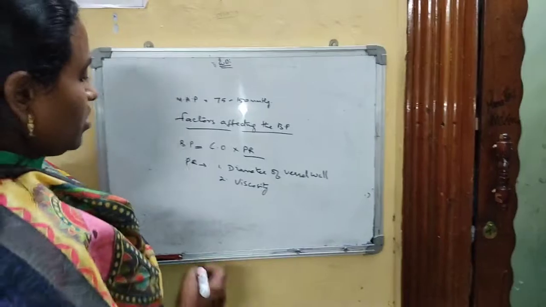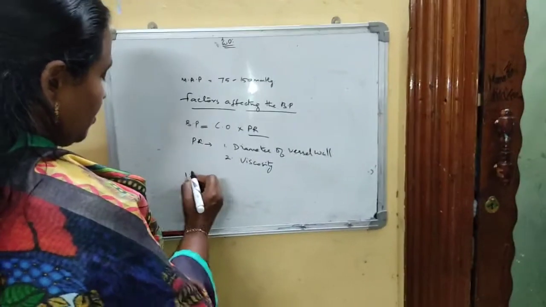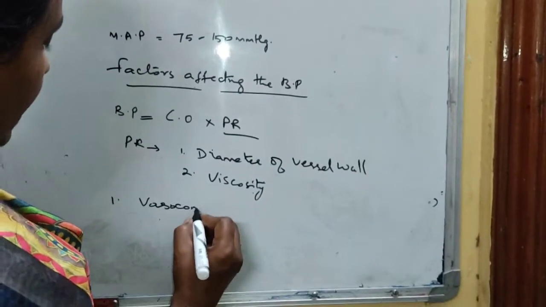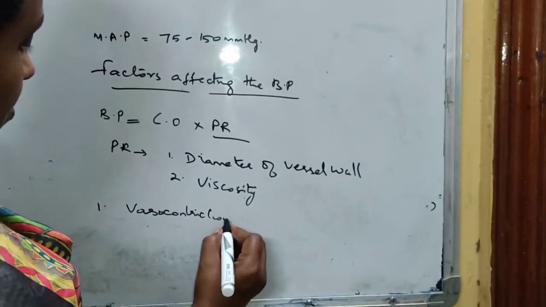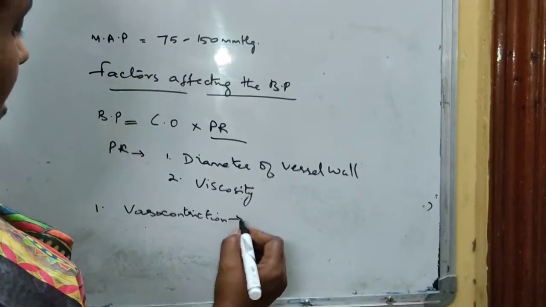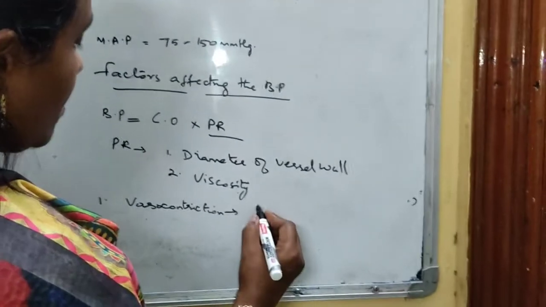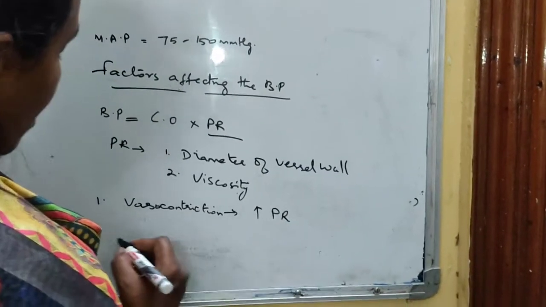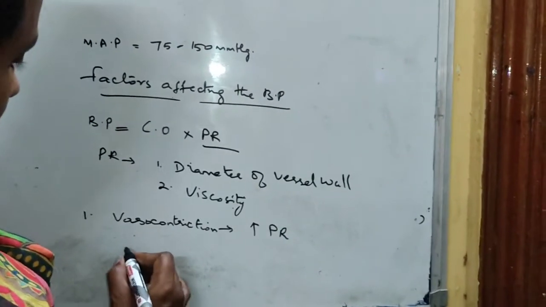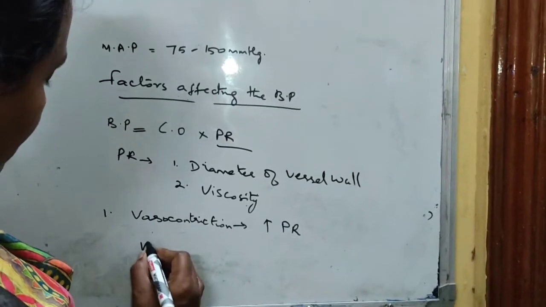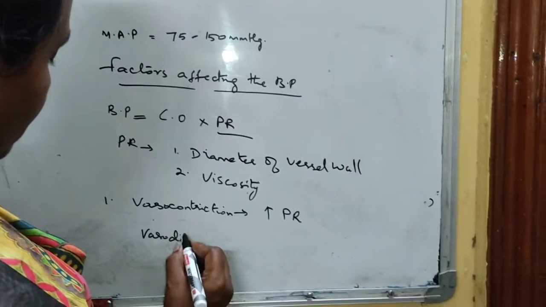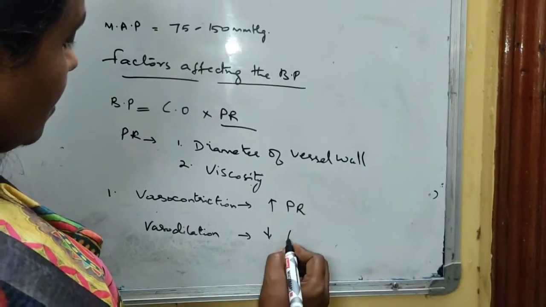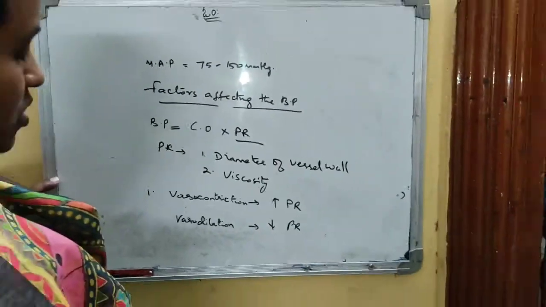In conditions where vasoconstriction takes place, there is an increase in the peripheral resistance, and in vasodilatation there is a decrease in peripheral resistance.